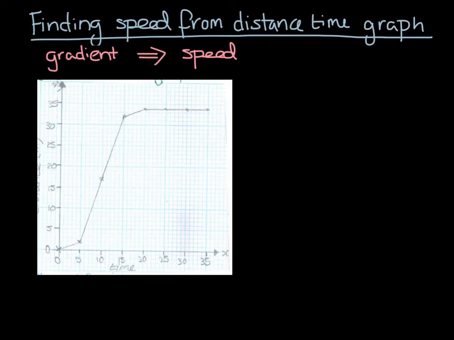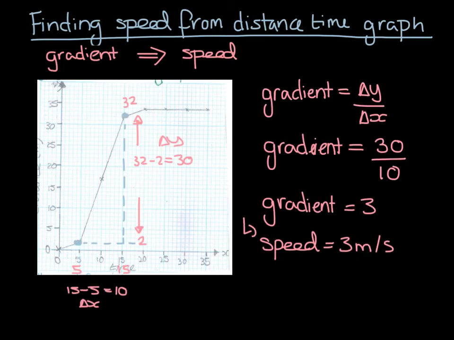So what we're going to look at now is how we can calculate the speed from a distance time graph. And we said that the gradient, the steepness of the graph, tells us the speed. So we're going to find the gradient of different sections of the graph to find the speed. So in order to find the gradient, we need to draw the triangle from 2 points on the line, and you can see between these 2 points it's a straight line with a constant gradient.